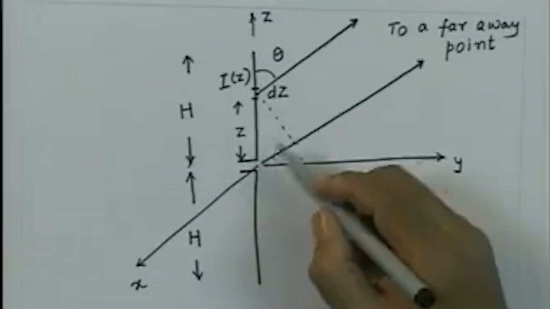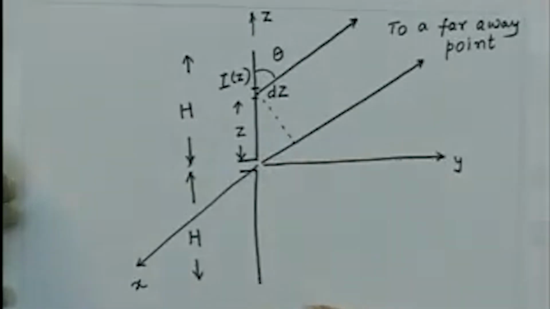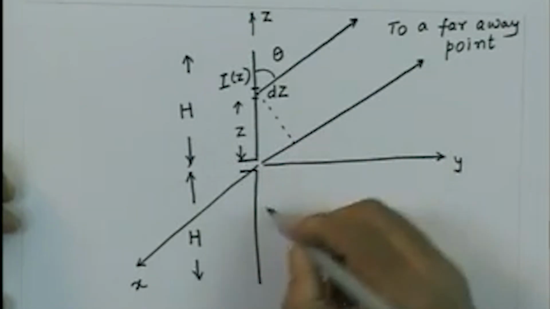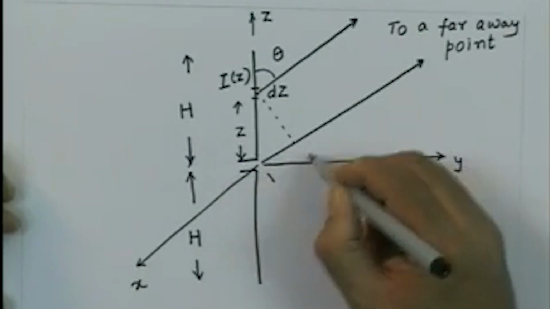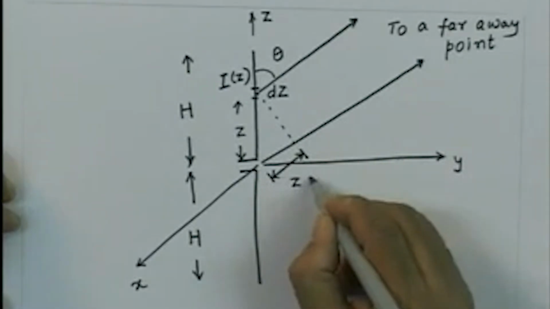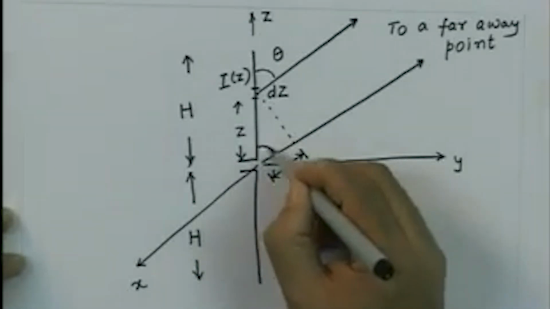If this angle is theta, this angle is also theta. So, this distance which you have here is equal to z cos theta, because this angle is also theta.